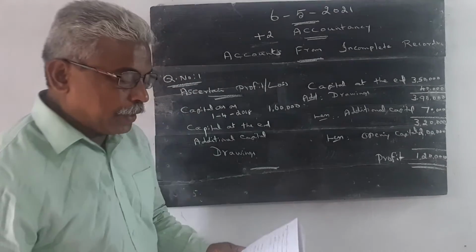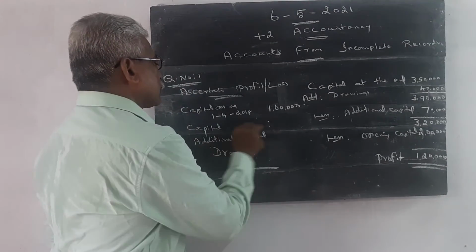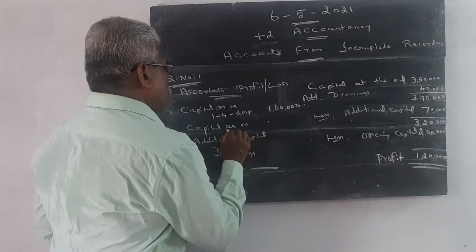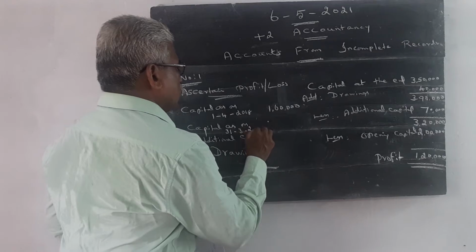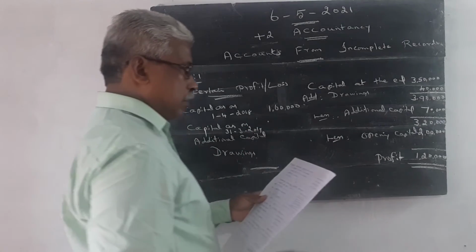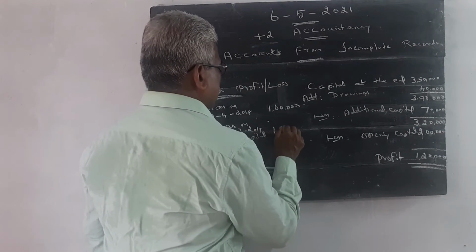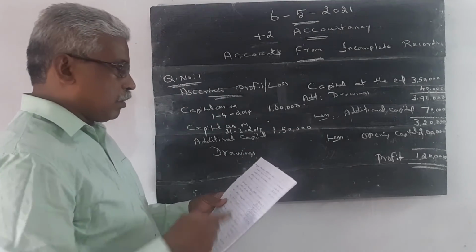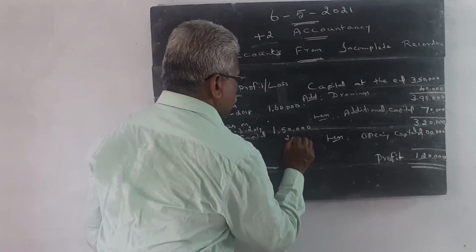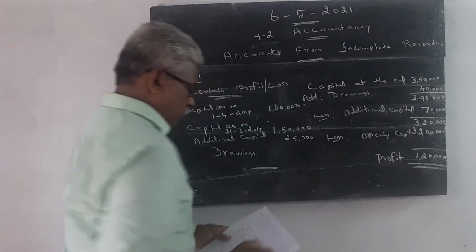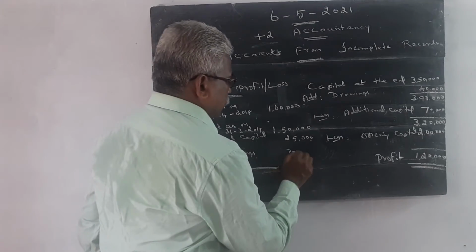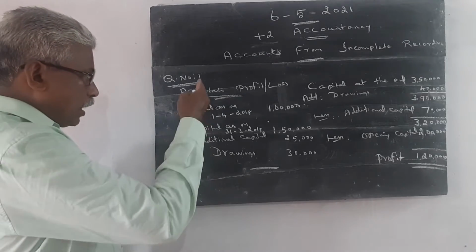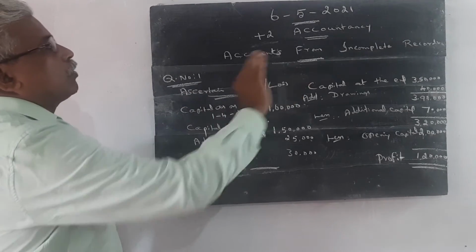Then capital as on 31/3/2019 rupees 1,50,000. Additional capital 25,000. Drawings 30,000. This is the question. Then with the help of this question we have to calculate the answer.